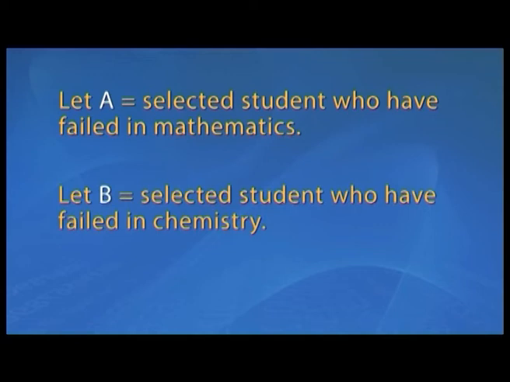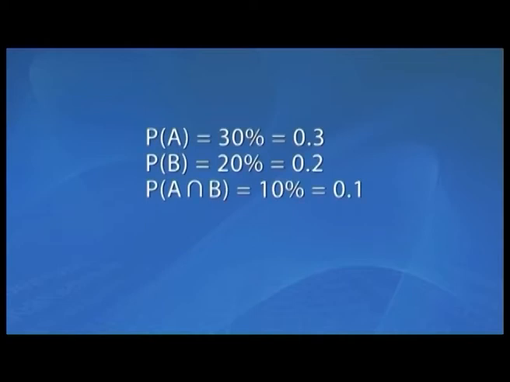Let A denote the selected students who have failed in mathematics and B denote the selected students who have failed in chemistry. We have been given P of A is equal to 30% is equal to 0.3. P of B is equal to 20% is equal to 0.2. And P of A intersection B is equal to 10% is equal to 0.1.